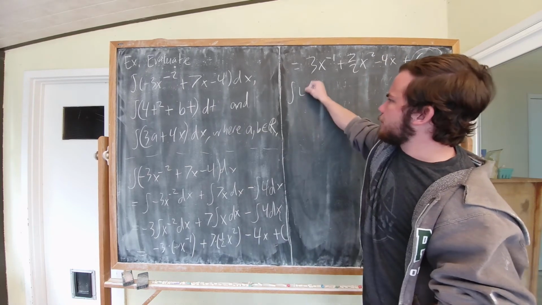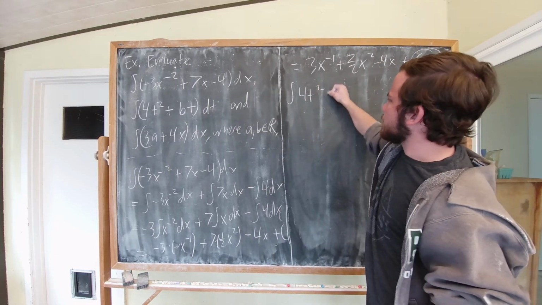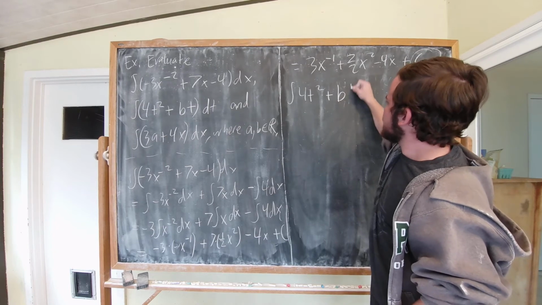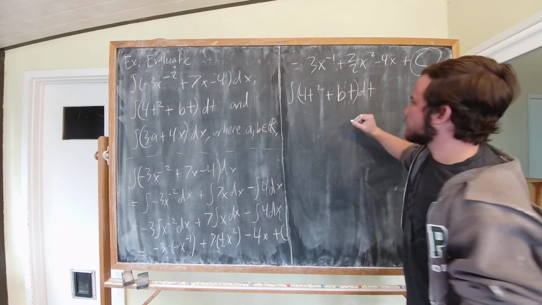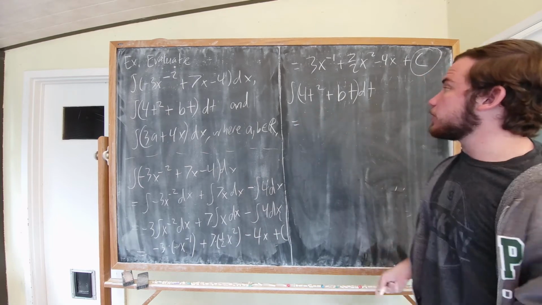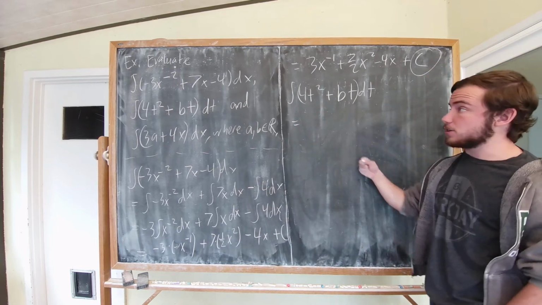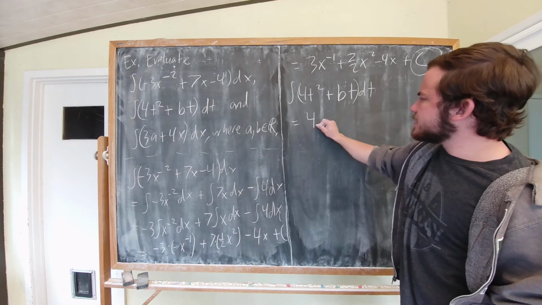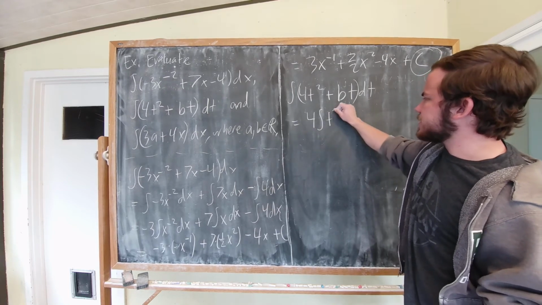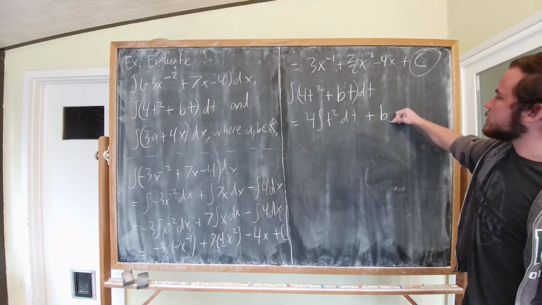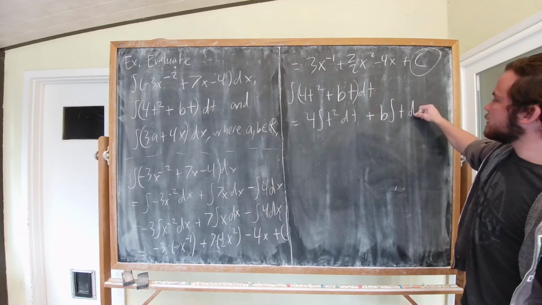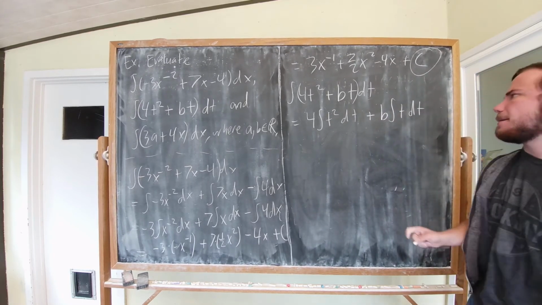The integral of 4t squared plus b times t dt. Okay, applying the sum rule and the scalar rule gives you 4 times the integral of t squared dt plus b times the integral of t dt. Okay.